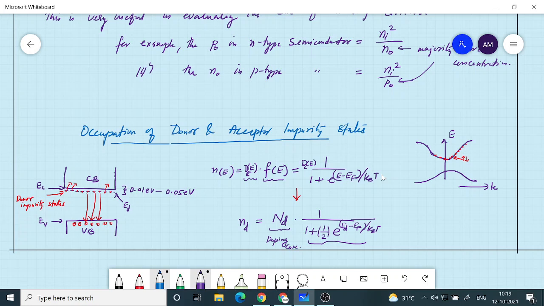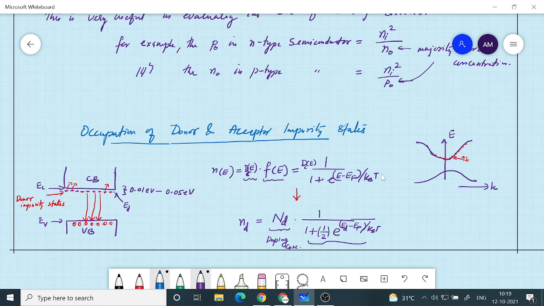And why half? Because it has only half of the states in comparison with the states in the band structure. You can only put one electron in those states. You cannot put two electrons with upspin and downspin. That is what gives rise to this half.